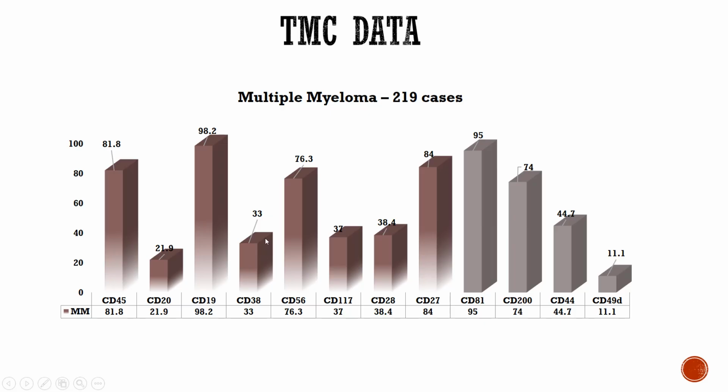Not completely negative, but it is usually bright, and it can become weak or moderate in expression. In most of the cases it is moderate, or slightly dimmer than normal plasma cells, in one third of the cases. So that slight dimmer expression of CD38 cannot be helpful in these cases. We also evaluated CD200, CD44, and CD49D, but we did not find them that helpful, although CD200 was useful.